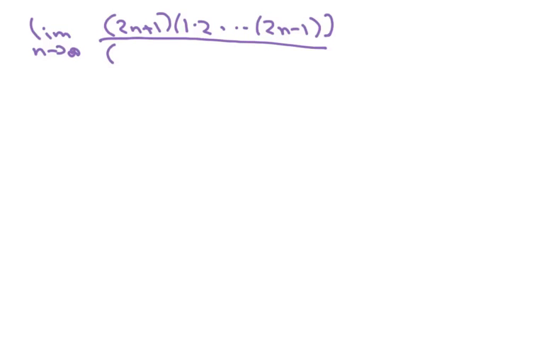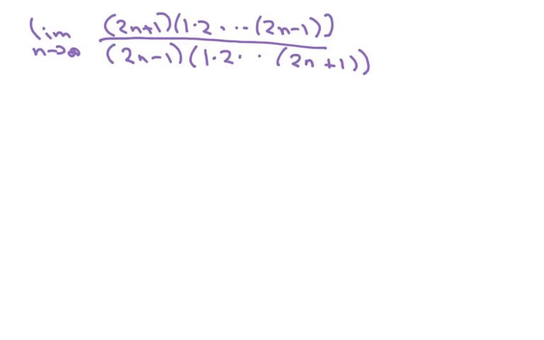So you're going to get the limit as n approaches infinity of 2n plus 1 times 1 times 2 times ... It's hard for me to draw dots on here. 2n minus 1, over 2n minus 1 times 1 times 2 times ... and that's going to be 2n plus 1.